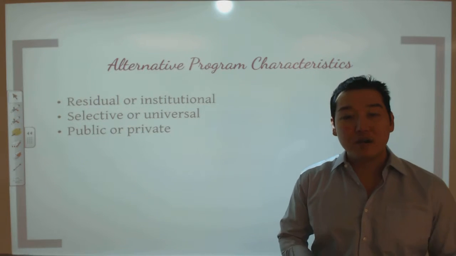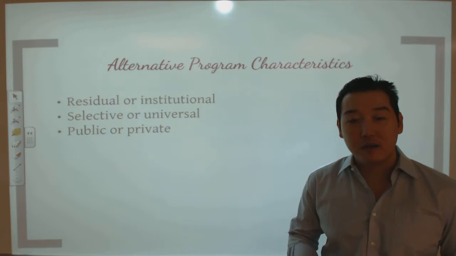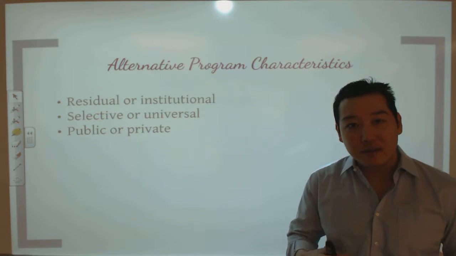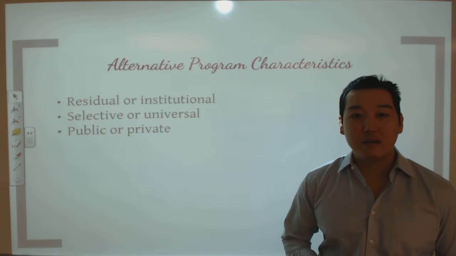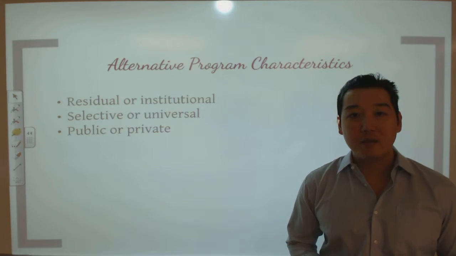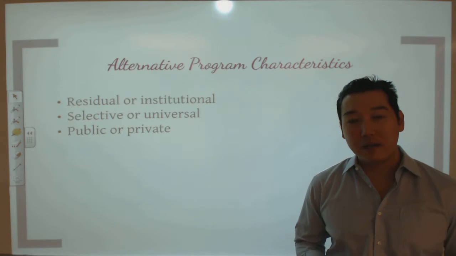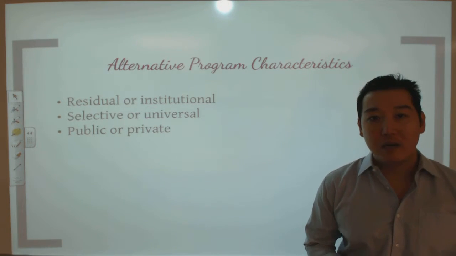And then in the Dolgoff reading, he goes through a number of other alternate characteristics that you can also look at, but I've selected out 3 that I think are most relevant for our purposes. And so I'd like you to say a little bit about whether your program reflects residual thinking or institutional thinking. And then also another dimension, I'd like you to comment about the selective principles or maybe the universal principles that are contained with respect to your particular policy or program.